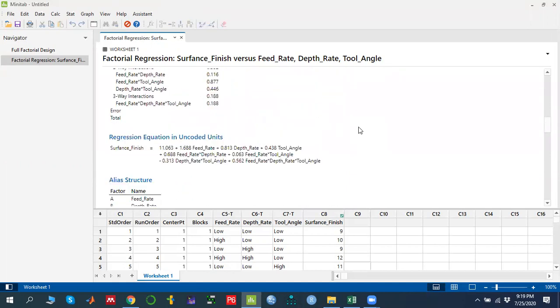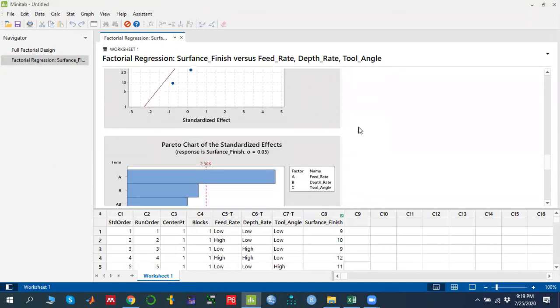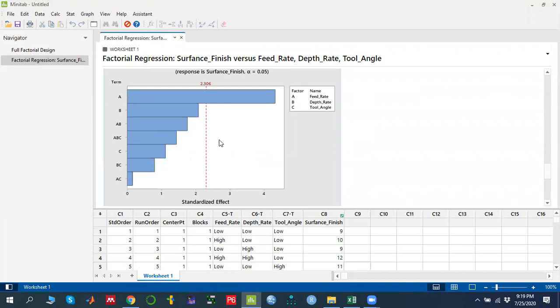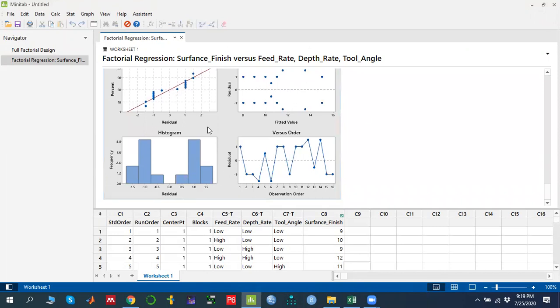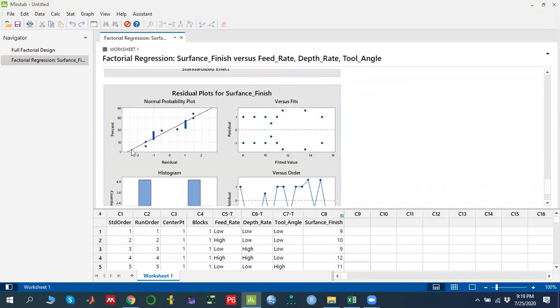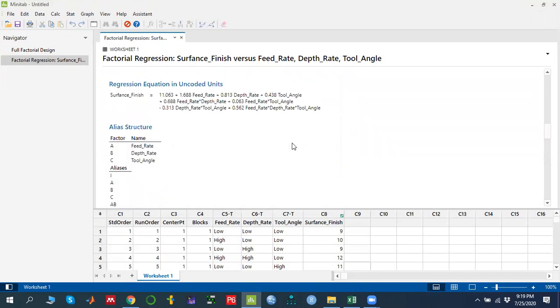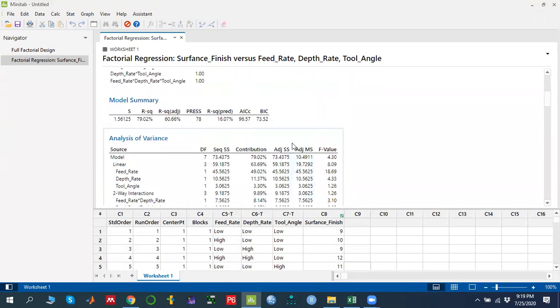How we can do that, we will check later. But right now, we can see that only factor A is a significant factor, and the residual properties are fulfilled. It looks like the residuals are normally distributed, and there is no specific trend. This looks like a constant. It looks fine. So let's analyze again.